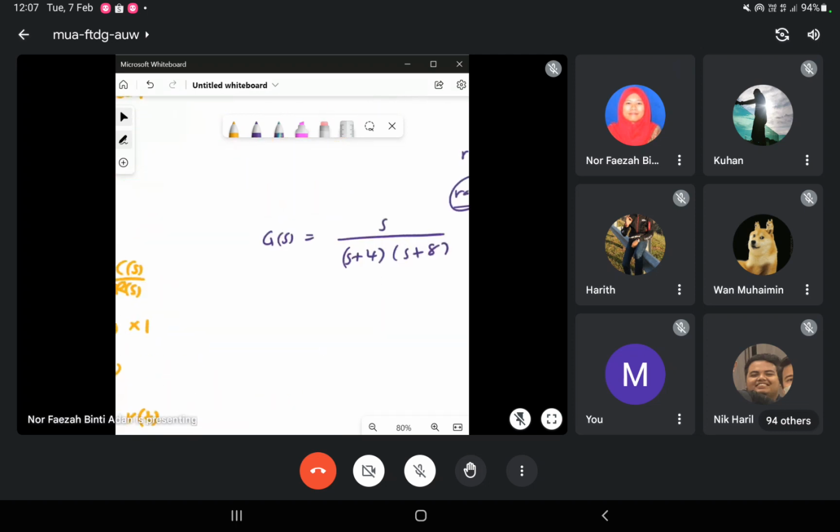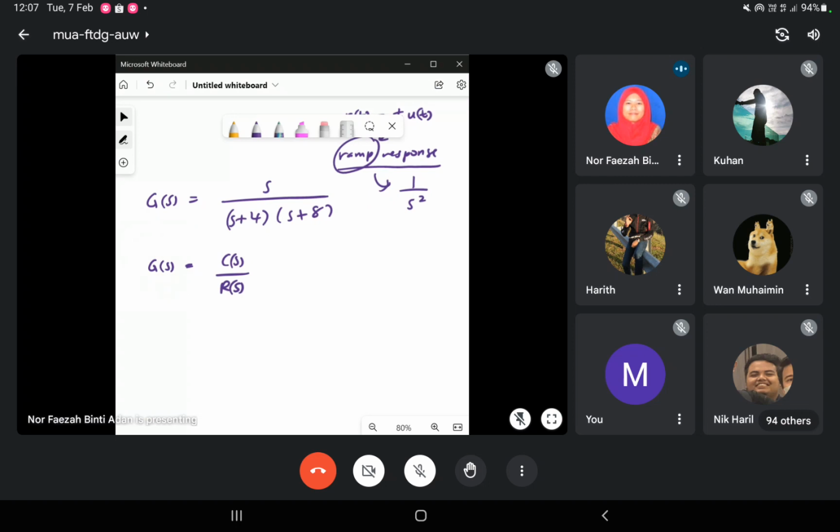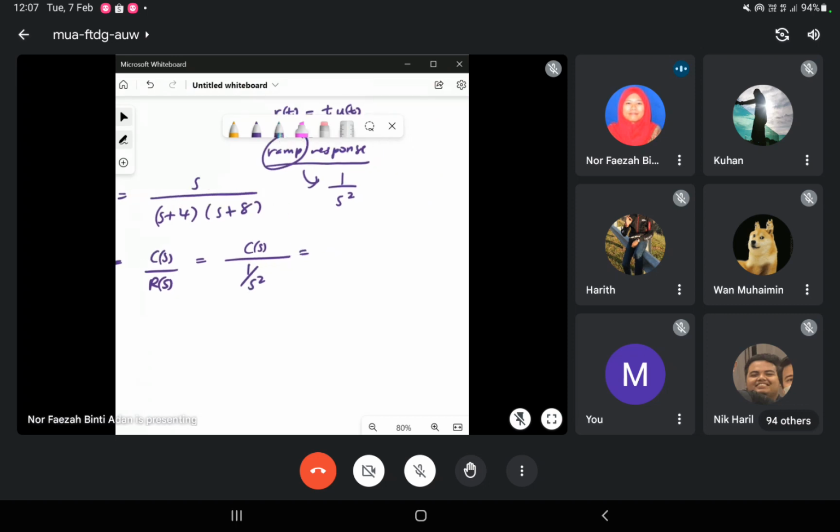Okay. So ni saya tulis GS equals to CS/RS sama dengan CS, RS you tahu 1/S squared sama dengan S tambah 4, S tambah 8.